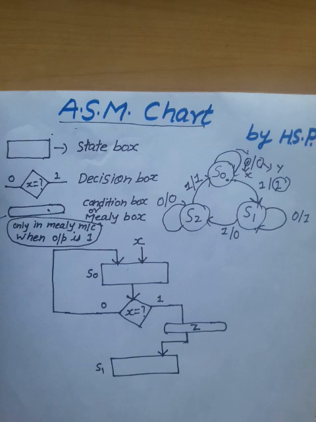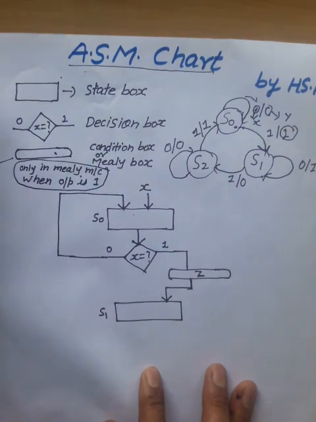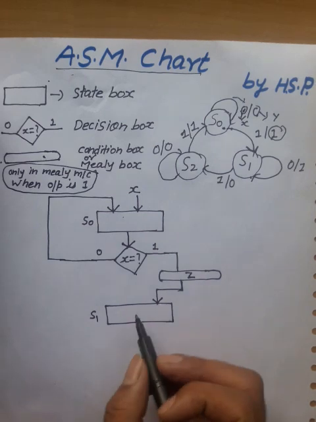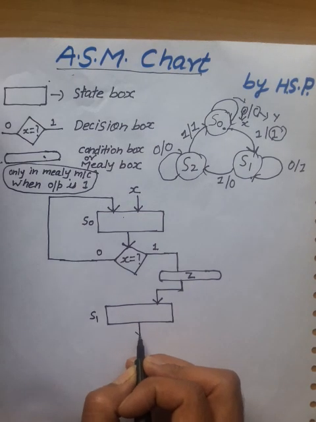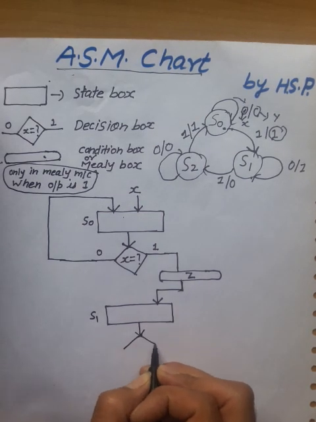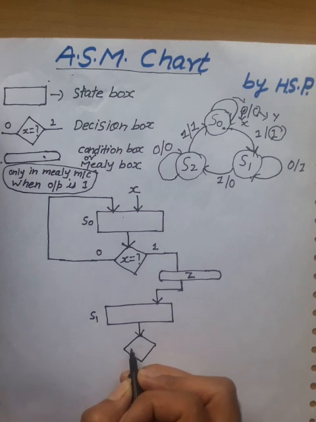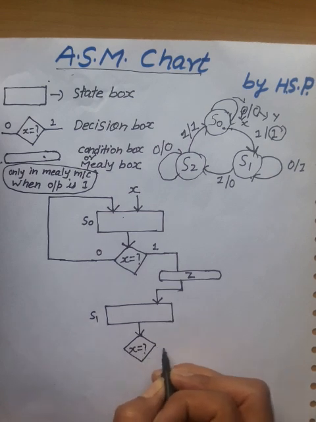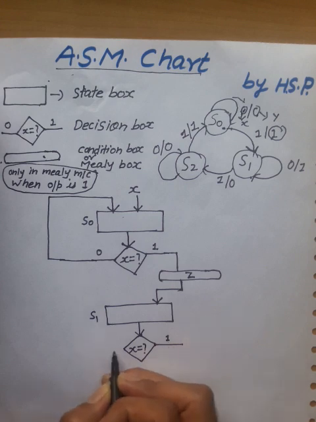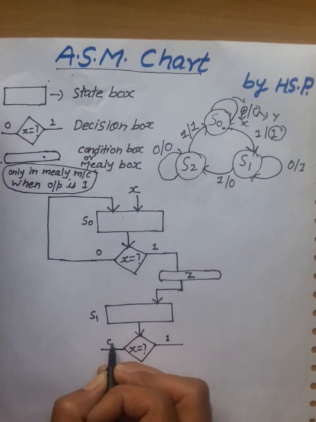Alright. Now again check for S1. There are two possibilities, if its value is 1, if its value is 0.